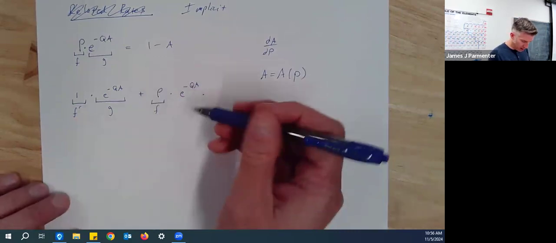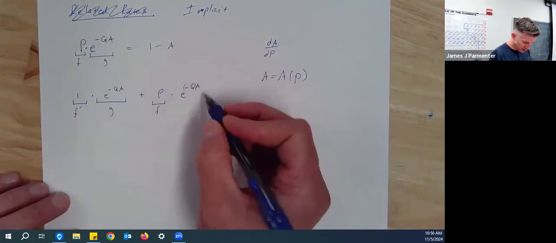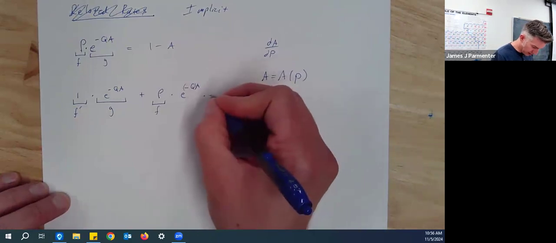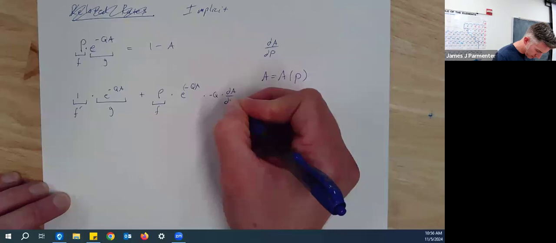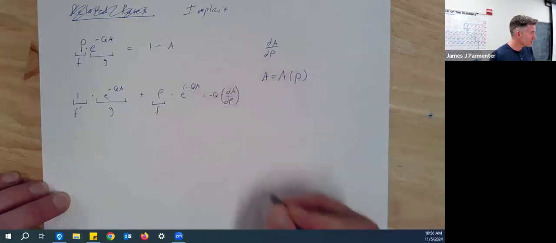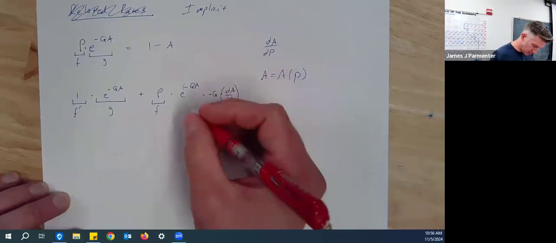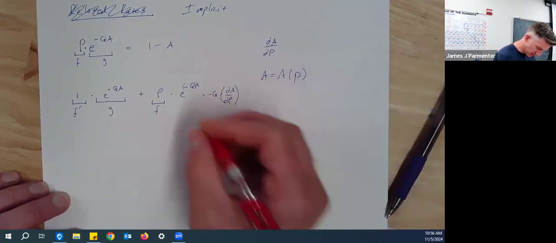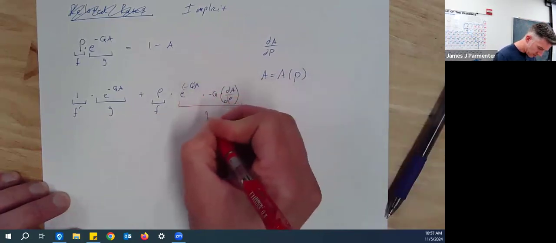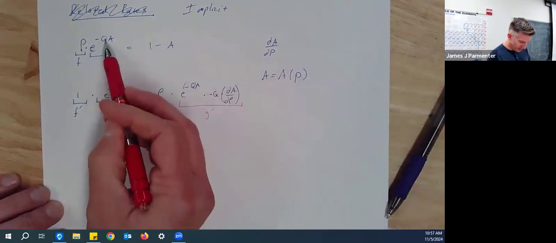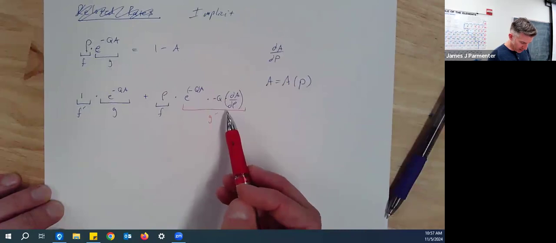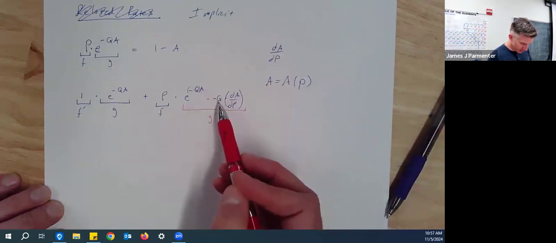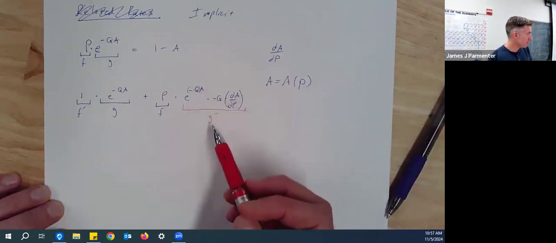The derivative of a constant, negative q, times our function is negative q times the derivative of our function. So here is our g prime: the derivative of negative q times A is negative q times the derivative of A.